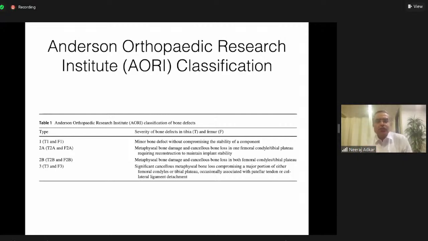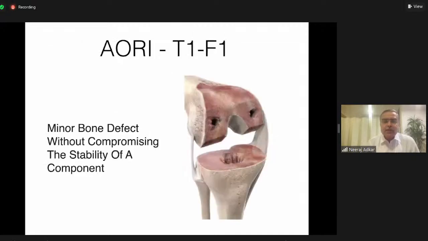So type 2 is a metaphyseal defect which compromises the implant, and where we need to provide additional stability for long-term survival of the implant. And type 3 affects the epicondyles, the collaterals are also affected, and sometimes the patellar tendon is also jeopardized, affecting the extensor mechanism and tibial tuberosity.